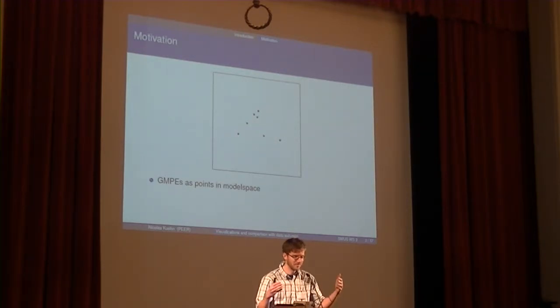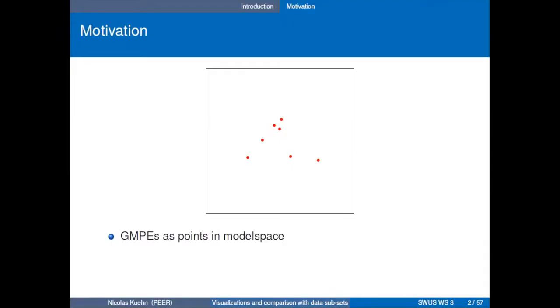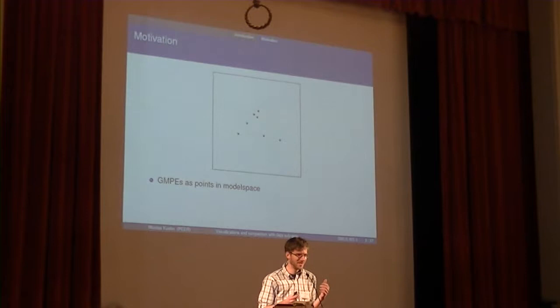This is just some abstract representation of the model space, and each of these red points is an actual GMPE. These are just points in the model space, but the model space in general is just much bigger. And the question is, what about where we don't have points?